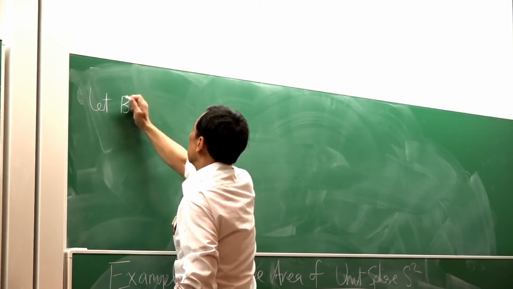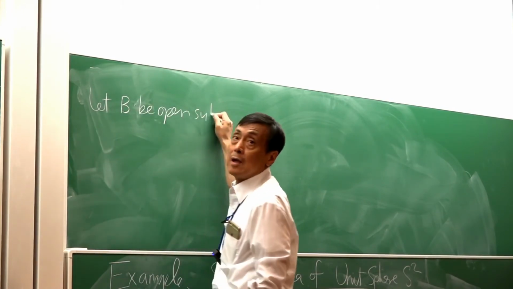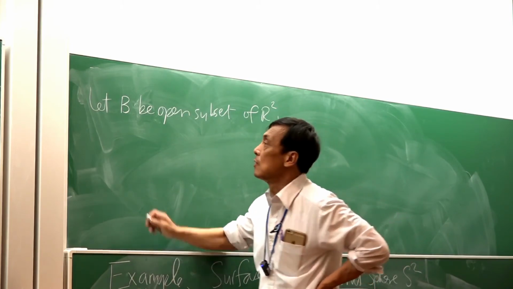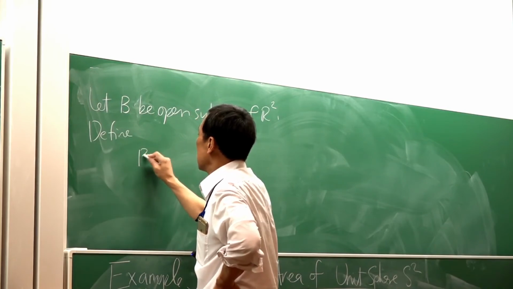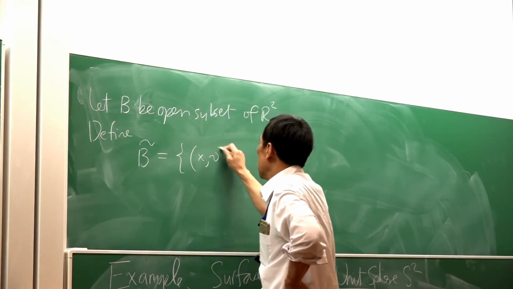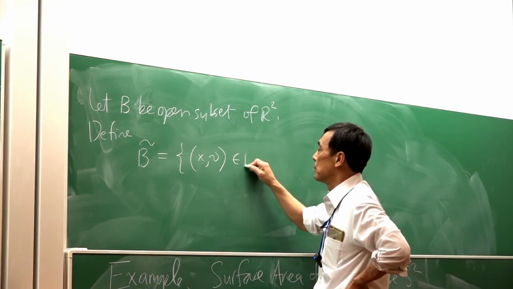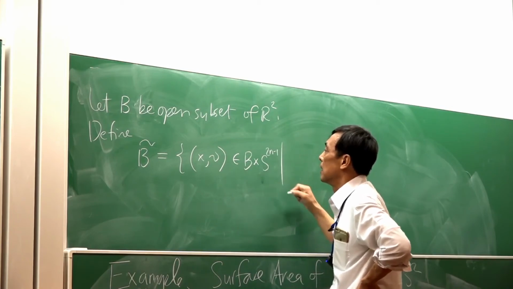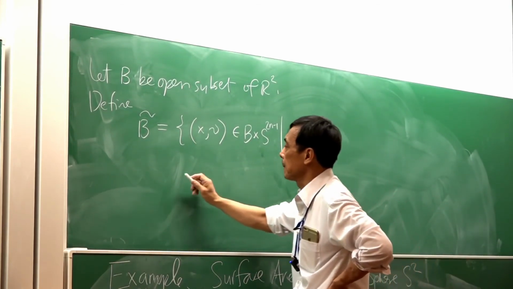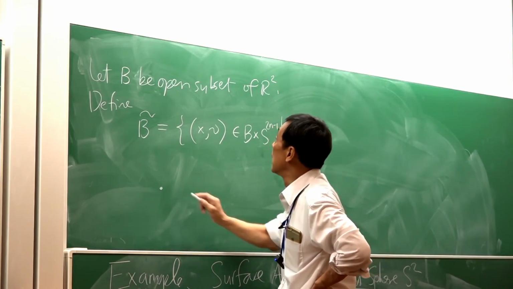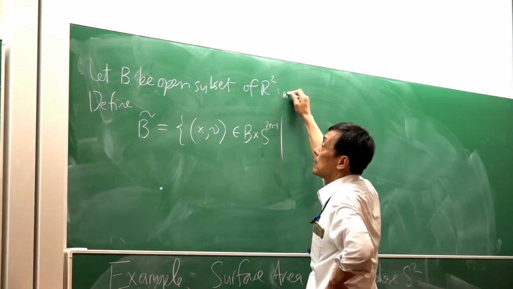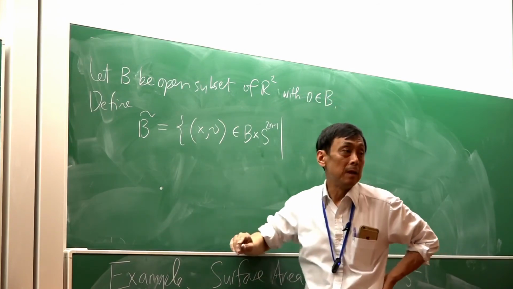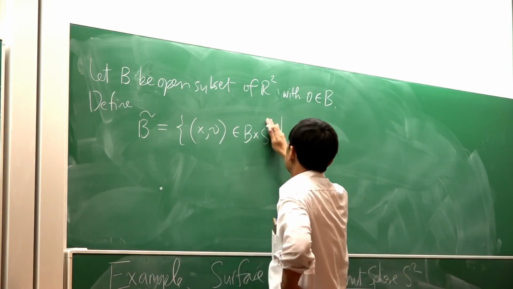So let B be an open subset of R2, with, let's say, 0 in B. I define B tilde to be the set of (x, v) in B cross S^(n-1), and this is just S1.